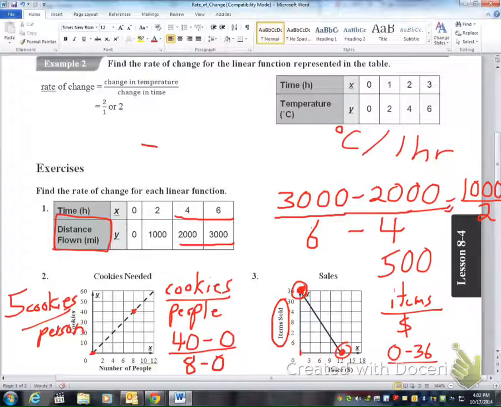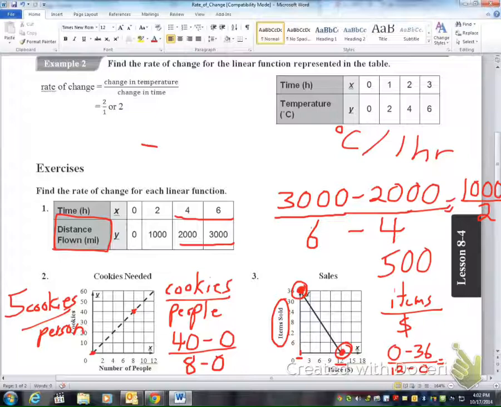So if I have 0 minus 36, so I'm doing the second value minus the first value, then I'd have 12 minus 0, because that's the difference in our x values. My x value of my second point is 12. My x value for my first point is 0.